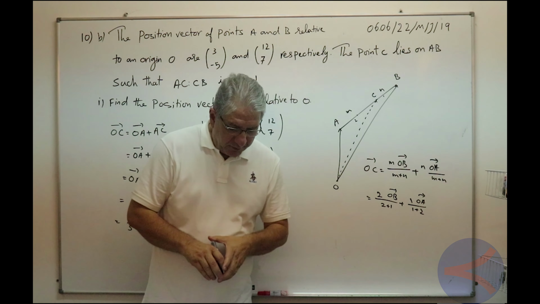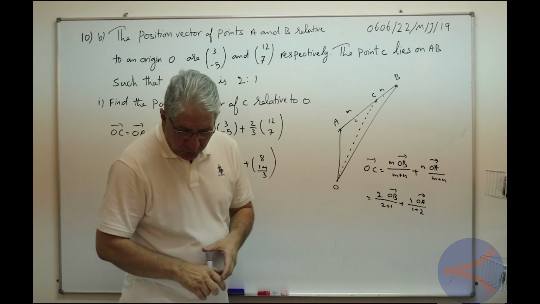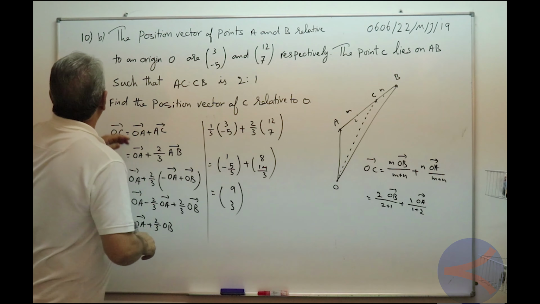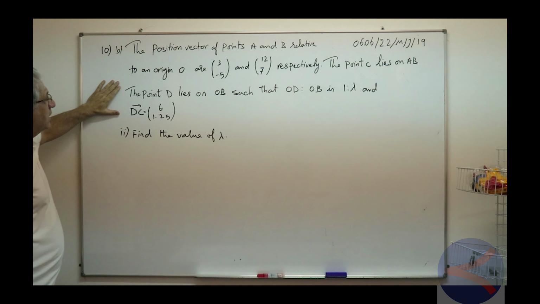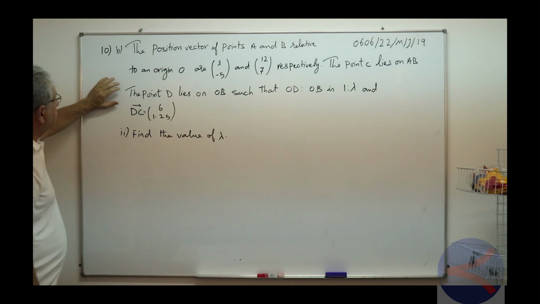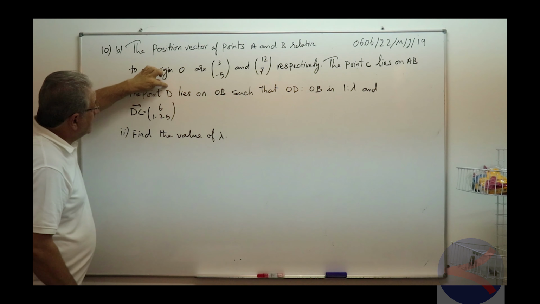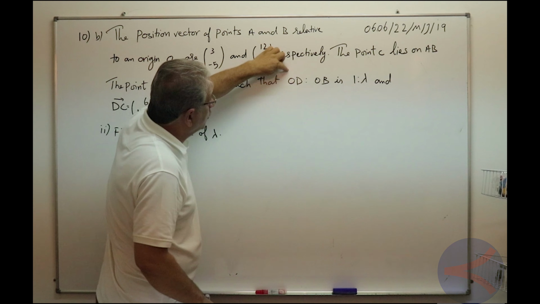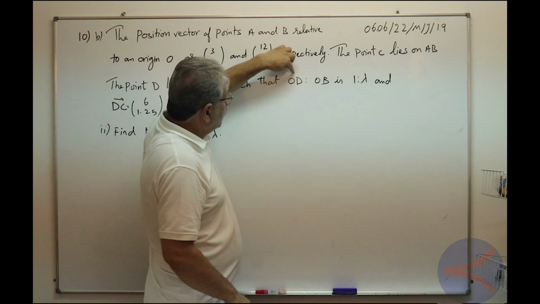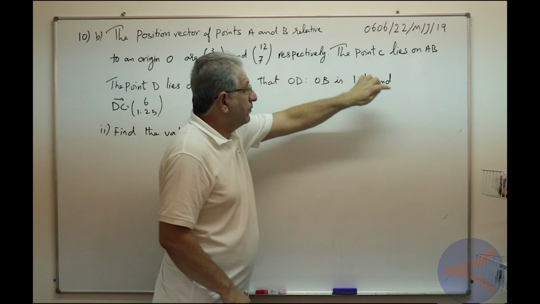Okay, now we will go for the second part of the question, question B, second part. He is saying there is a point D lies on OB such that the ratio of OD to OB is 1 to lambda.